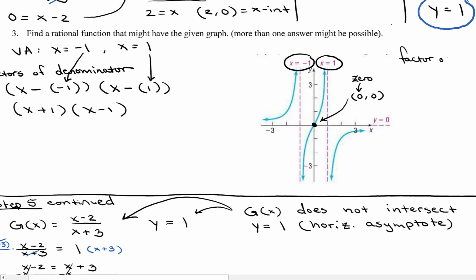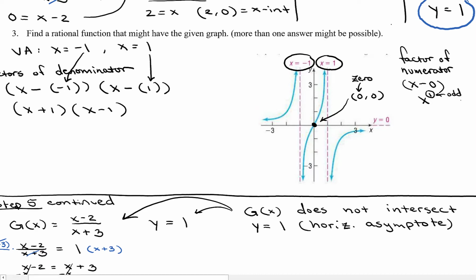So that's very important. So I'm going to have a factor in the numerator that's basically going to be an x minus 0, which is just an x. And it's got to be raised to an odd power because it's actually crossing the x-axis.